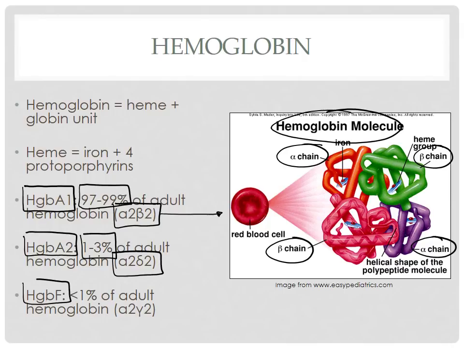The other hemoglobin that you may find in some adults is the hemoglobin F, or fetal hemoglobin. This makes up less than 1% of the hemoglobin in their blood, and this is an alpha 2 and a gamma 2. Fetal hemoglobin is predominant in a fetus and when an infant's first born, and over a 3 to 6 month period, the blood changes over to the typical A1 and A2 hemoglobins.